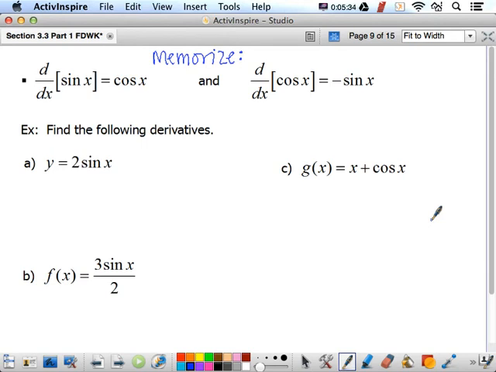So for now, you're just going to have to trust me that when it's a trig function like this, just sine of x to the first power, no coefficient on the x, you simply keep the coefficient and take the derivative of the trig function. So the derivative of sine of x is cosine x. So there you go. That's your derivative. The derivative of 2 sine of x is 2 cosine of x.